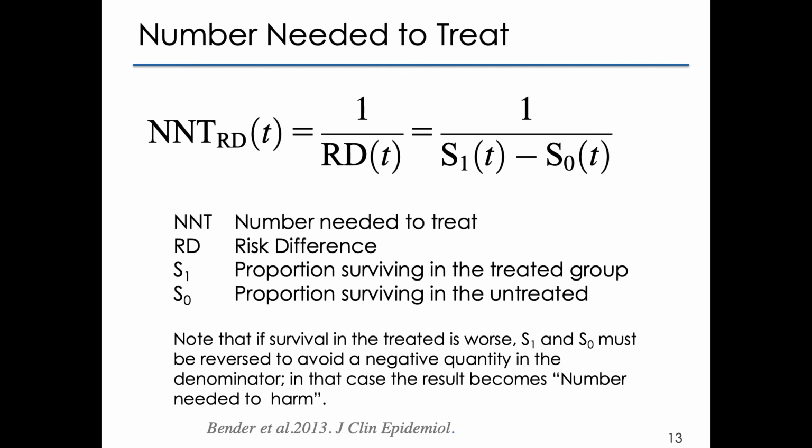So this equation shows that the number needed to treat based on the risk difference and some selected time point is really 1 over the risk difference, the inverse of the risk difference, or 1 over the difference of the proportion surviving in the two groups. So I'm not an expert on number needed to treat, but just wanted to point out that our risk difference, a lot of the quantities we talk about in epidemiology are just risks and proportion surviving are what feed into number needed to treat.